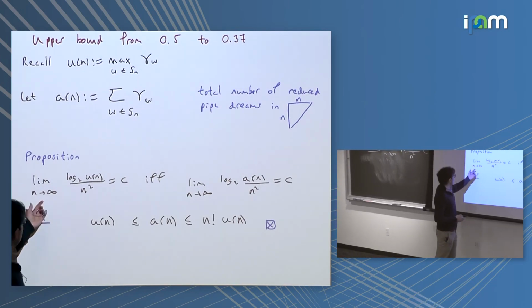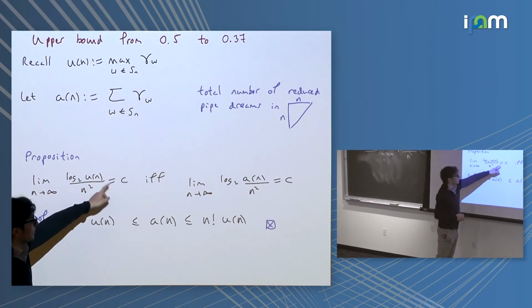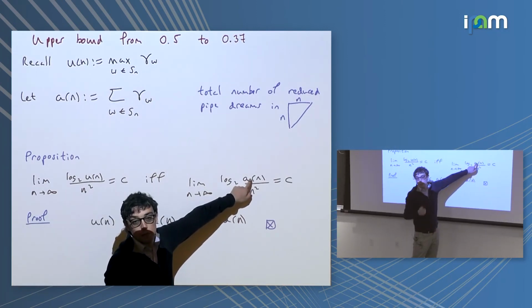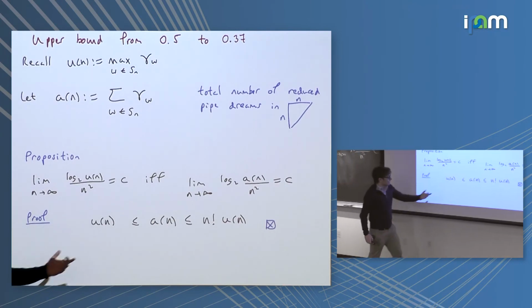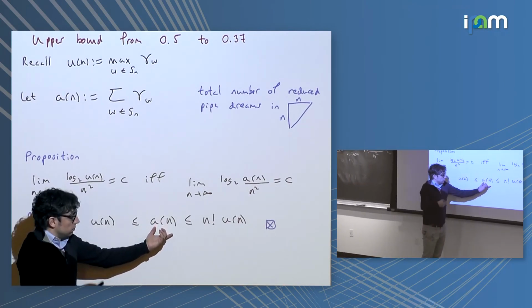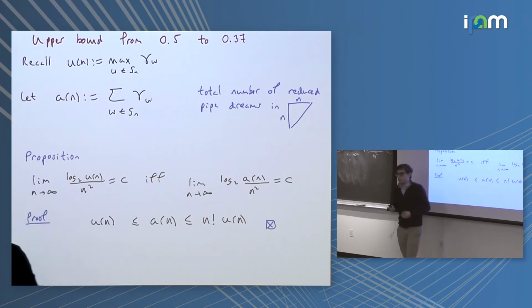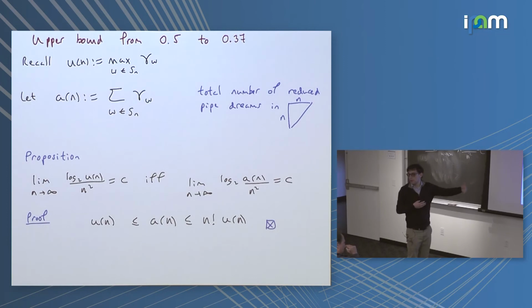And if you believe Stanley's conjecture, then that constant is the same as the constant you would get if you take the limit of the sum over n squared. The reason for that is that the sum over all the principal evaluations is between the maximum and n factorial times the maximum, and again taking logarithms and so on, the constants have to be the same.